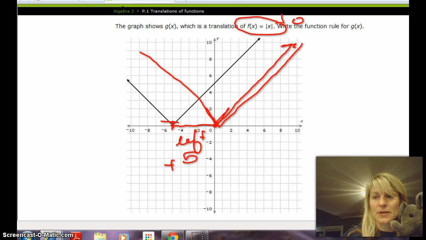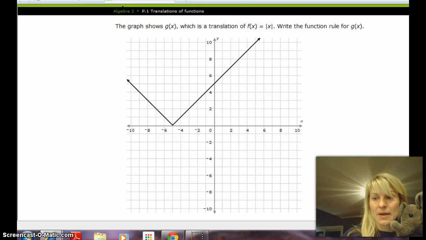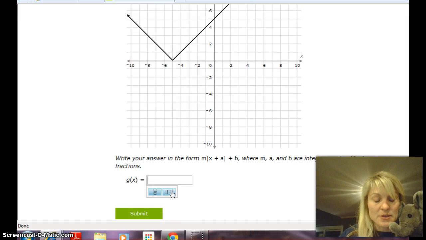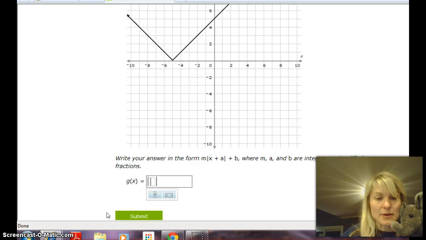So I'm just going to go down here and insert my absolute value. And just as we learned in class, when we do a horizontal translation, it gets included with the x. So here I'm going to have my absolute value, I'm going to have x, I'm going to add 5 units, and it stays inside the absolute value brackets.